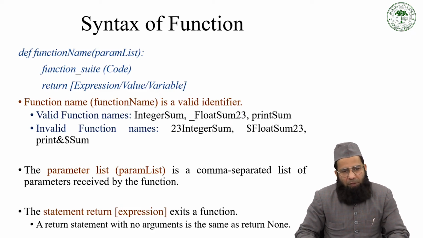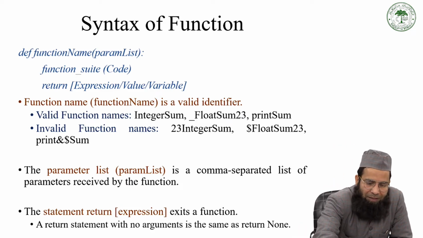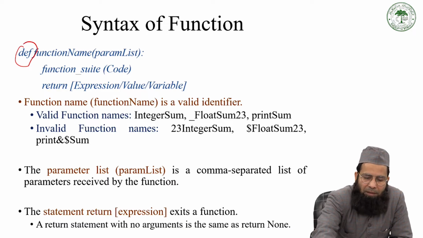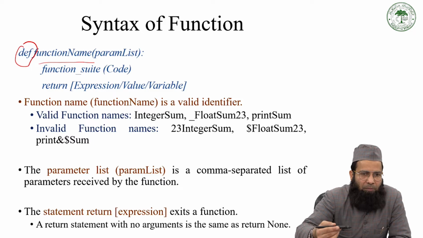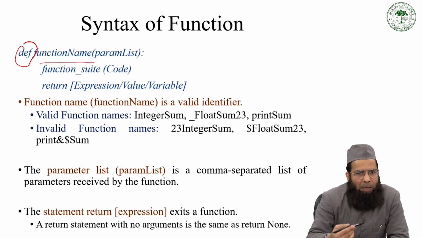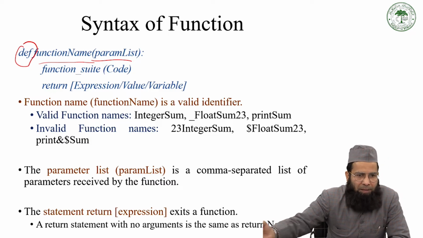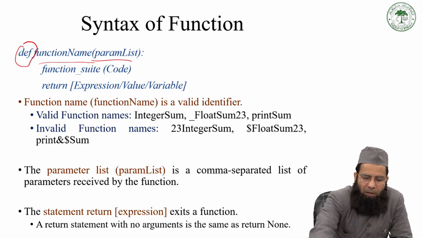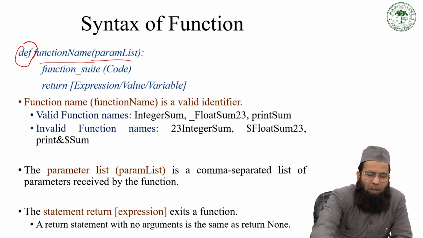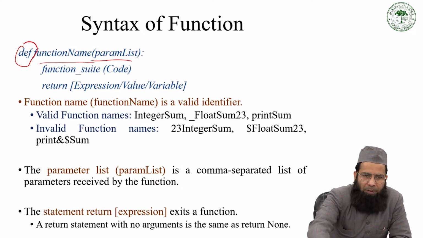How do we write functions? We start with def, right, and then the function name. You could select any function name, and then this is the list of parameters, and here is the function suite, or you could say statements, lines of code. Then there is a return statement.